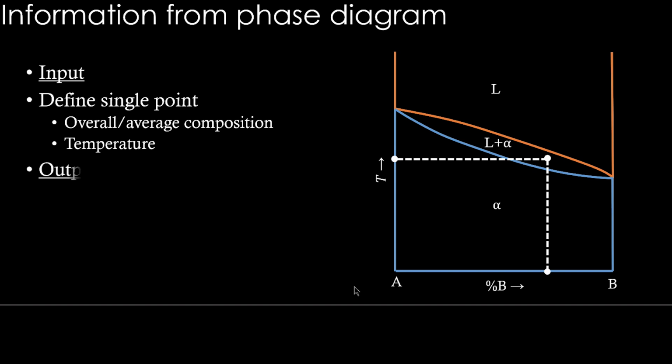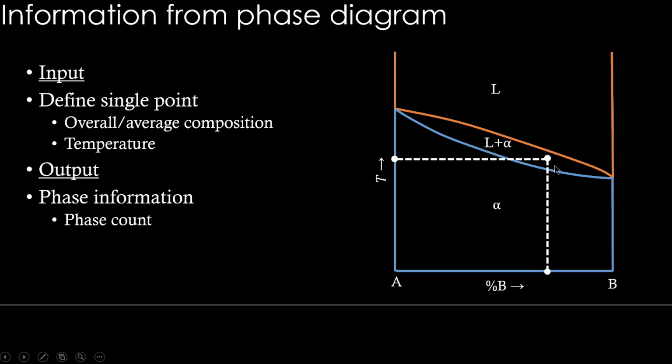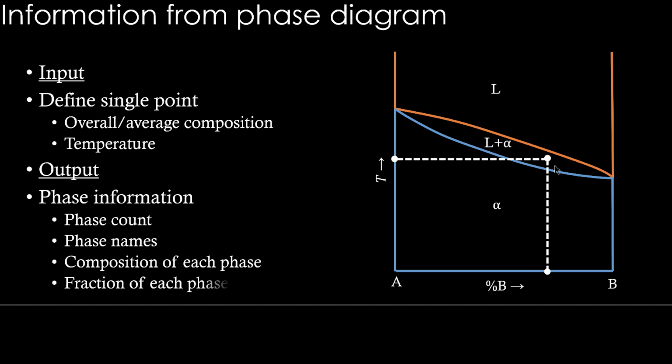So what is the output? The phase information. First is the count of phases, how many phases. Now we are seeing that L plus alpha is the region where this white dot lies. So therefore, this is a two-phase region. So what information we get? Phase count, phase names, composition of each phase, and fraction of each phase.